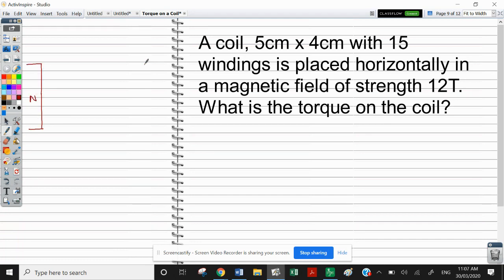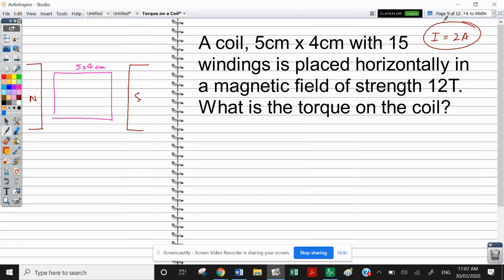There's a north and a south. The coil is 5 by 4, both in centimetres. I haven't given you a current, so let's say I equals 2 amps.